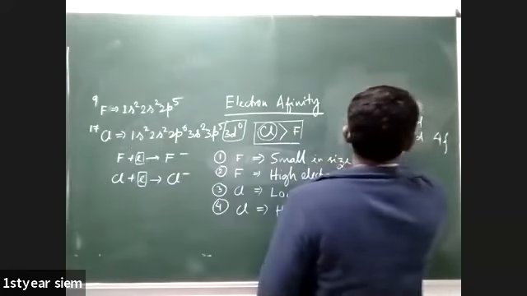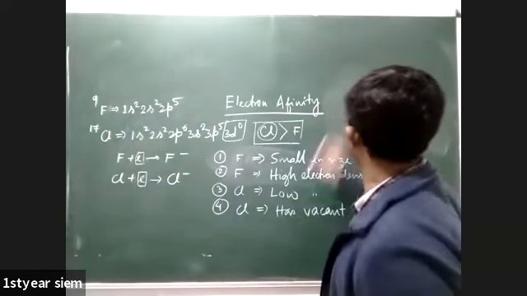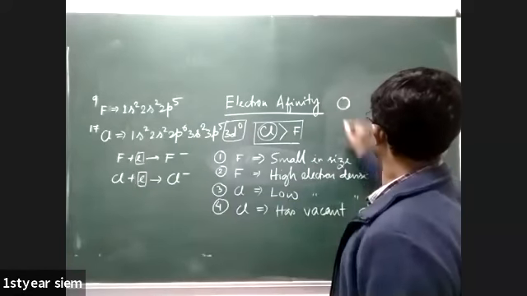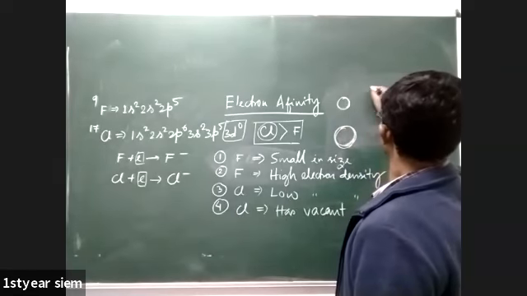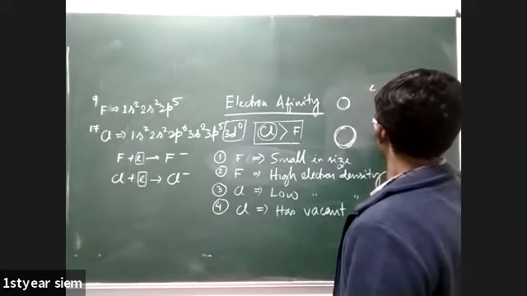Suppose this is a fluorine atom, and this is a chlorine atom. So this is an electron coming to the atom.